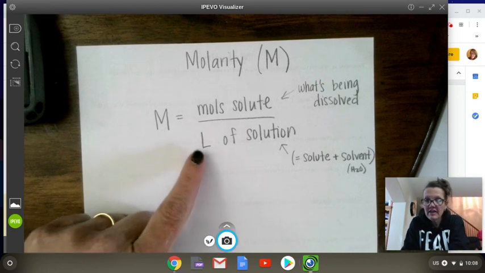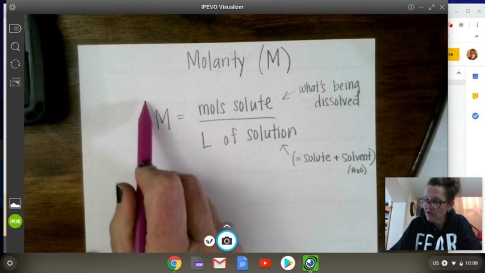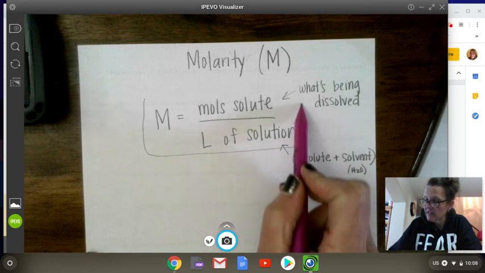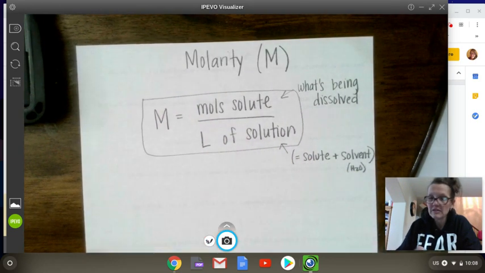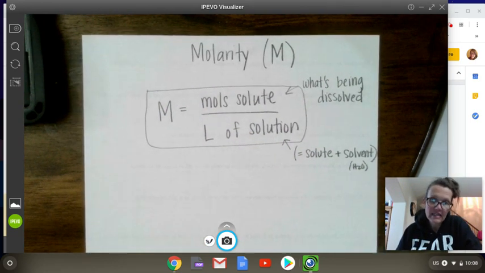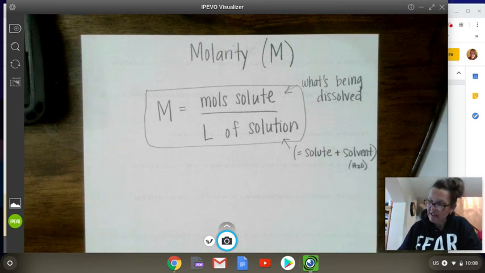This idea right here is really important. You need to make sure that you know this equation, or at least keep it stored someplace that you can quickly reference it when we are doing this unit.